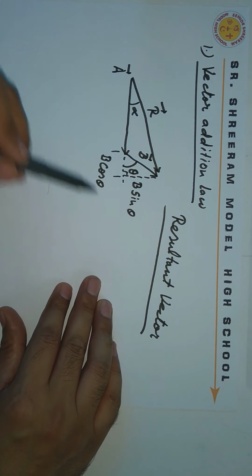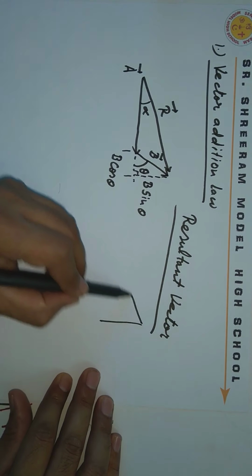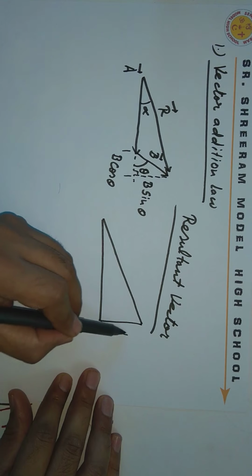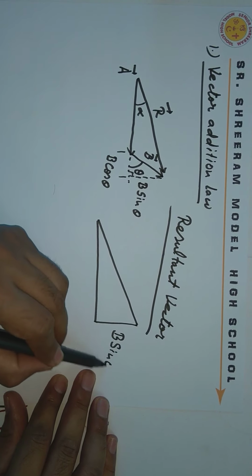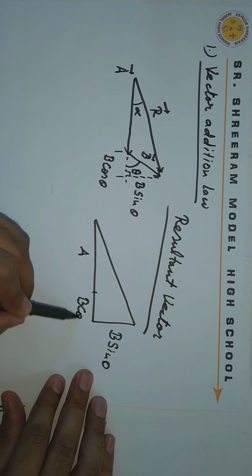Now we redraw this particular triangle. This is our B sine theta, this is A, and this is B cos theta.